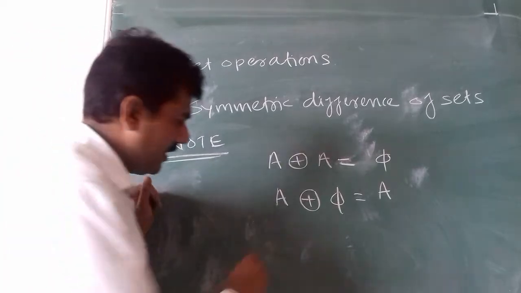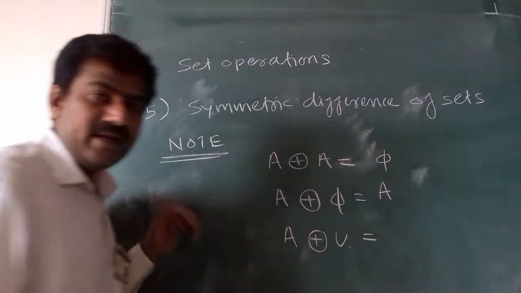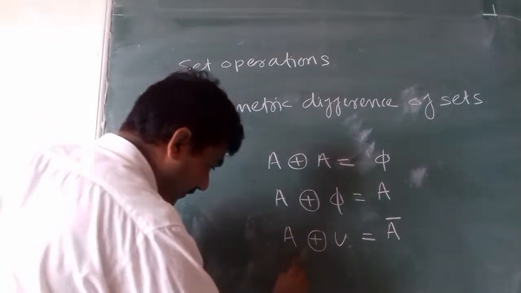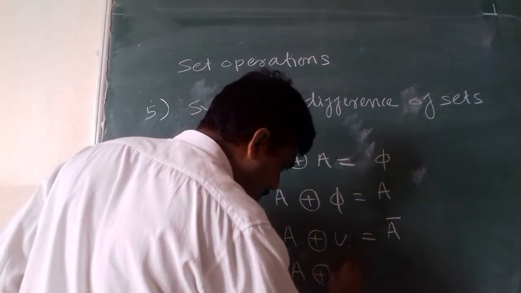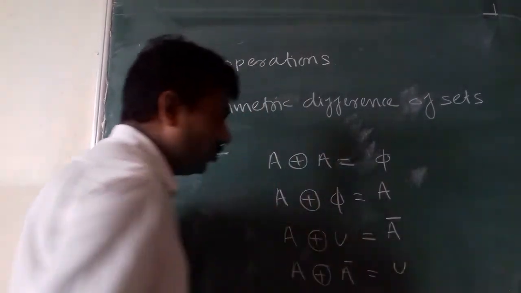Next is A symmetric difference universal set, and the result is A complement. Next property is that A symmetric difference with A complement is the universal set.